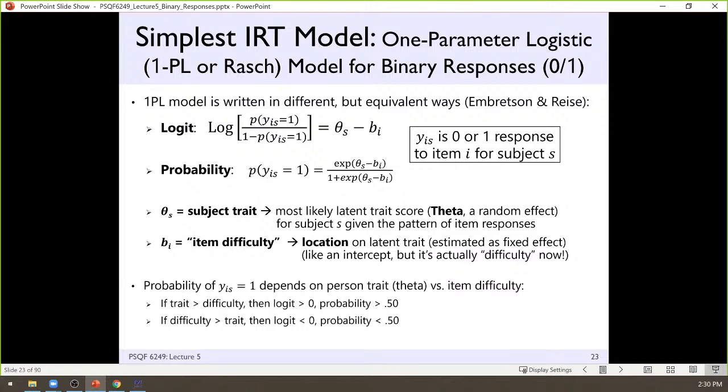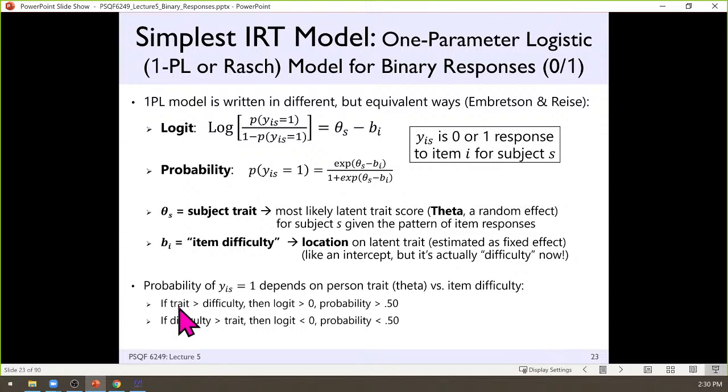And I like this definition very much because it gives you a sense, I think, of where the item's located in a way that the other models don't. The definition of item difficulty is that it is the trait level needed to obtain a 50% probability of getting a 1. So it's how much trait do you need to answer this item well.